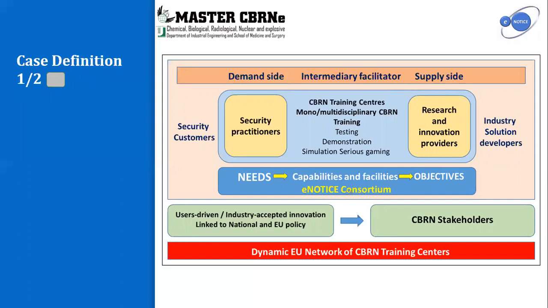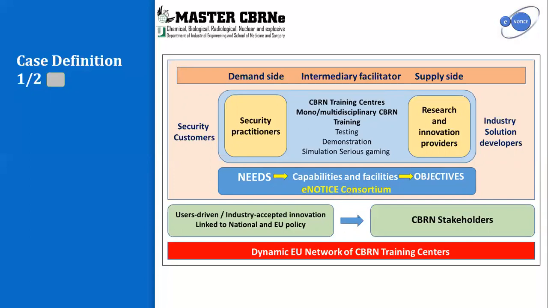You have on the left the demand side, on the right the supply side, and you have also the actors: the security practitioners, or if you prefer, first responders, and the research and innovation providers that are on the right side, on the supply side.